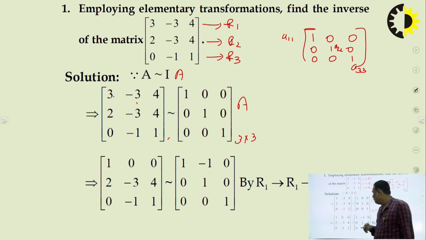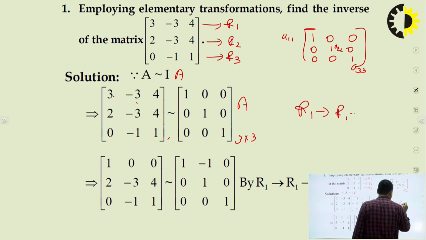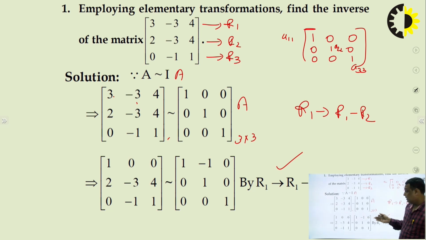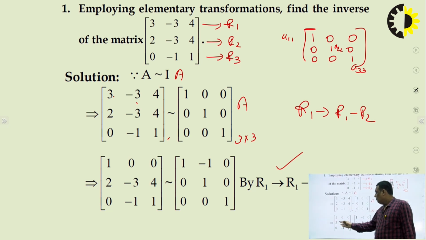Just we use the operation R1 minus R2. जैसे आपने अप्लाई किया R1 में R2 सब्ट्रैक्ट कर दिया तो 1 0 0, और सेम जो भी ऑपरेशन होगा राइट हैंड साइड भी अप्लाई करोगे, कर दिया अप्लाई, 1 माइनस 1 0. बाकी रोज आर स्टैटिक, 2 माइनस 3 4, 0 माइनस 1 1, 0 1 0, 0 0 1.